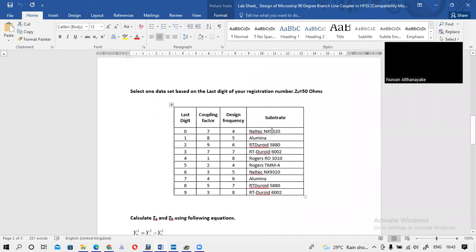And here you are given the data. The design parameters related to the coupler are based on the last digit of your registration number, so you will have to do a different, unique design as this lab activity.